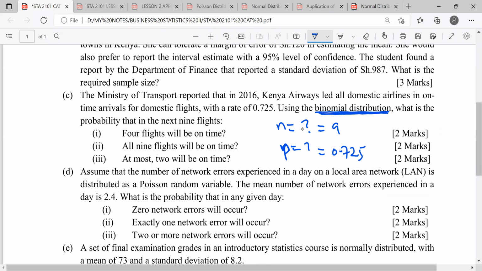And we know that P plus Q is equal to 1, meaning that Q is 1 minus 0.725, which implies that Q is 0.275. So with that information, we should be able to answer any of those questions.